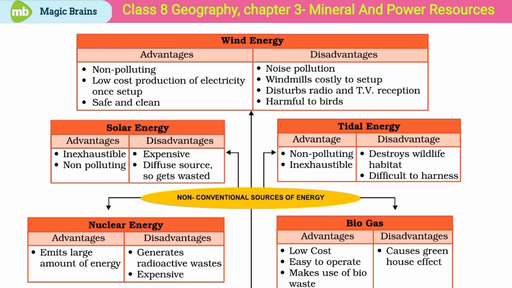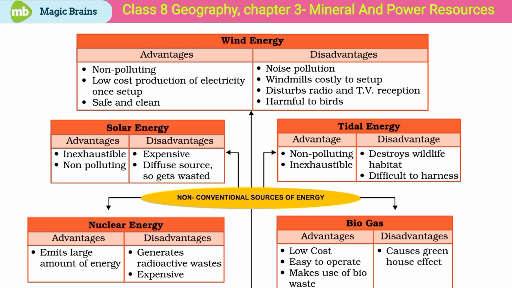The advantages of wind energy are: number 1, non-polluting; number 2, low-cost production of electricity once set up; number 3, safe and clean. The disadvantages of wind energy are: number 1, noise pollution; number 2, windmills costly to set up; number 3, disturbs radio and TV reception; number 4, harmful to birds.